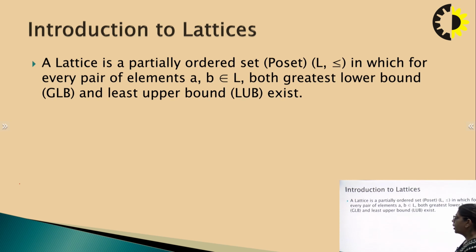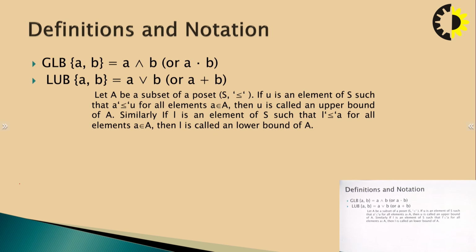And what is a lattice now? A lattice is a partially ordered set, also called a poset, in which for every pair of elements A and B, if we take any two elements from a poset, it has a greatest lower bound and a least upper bound for both those elements.